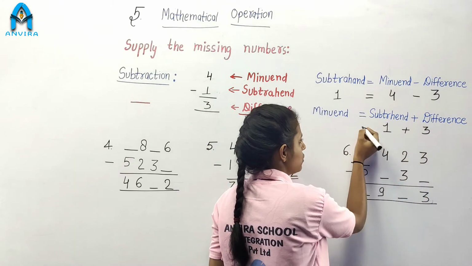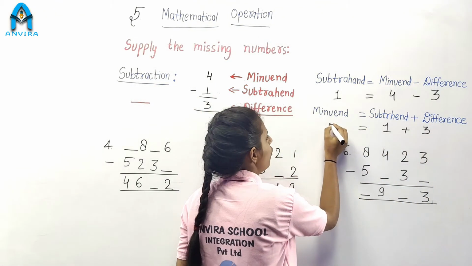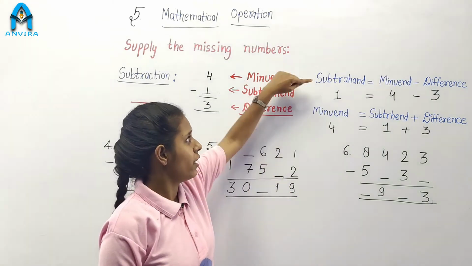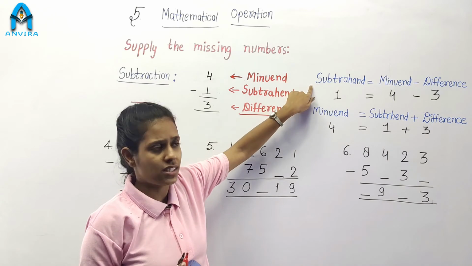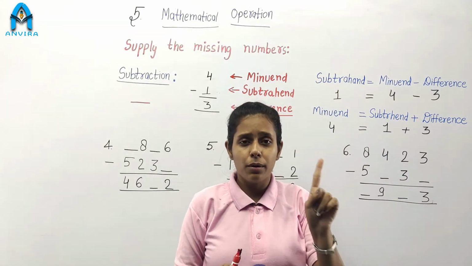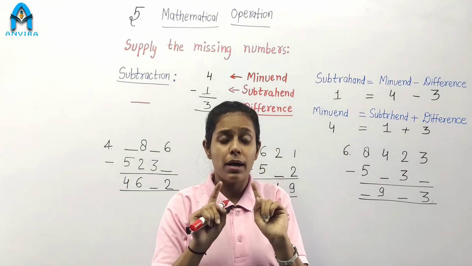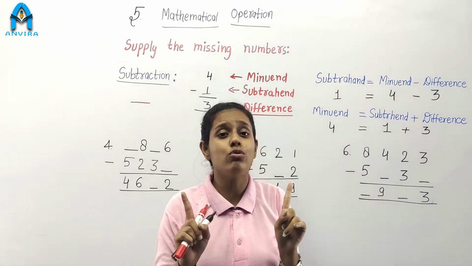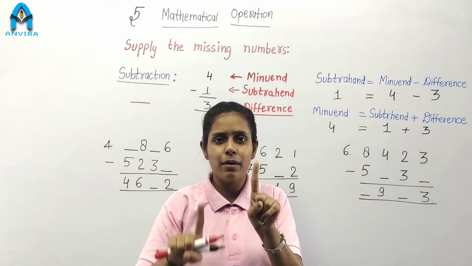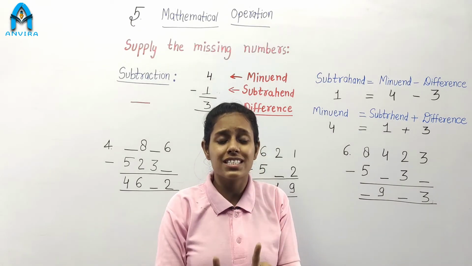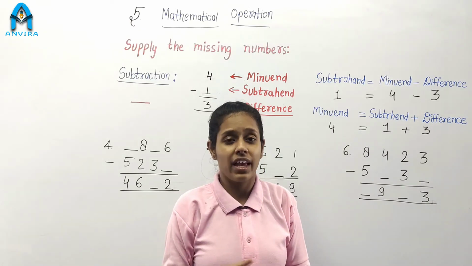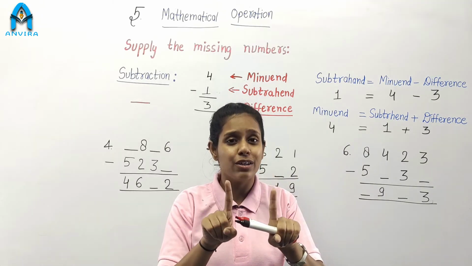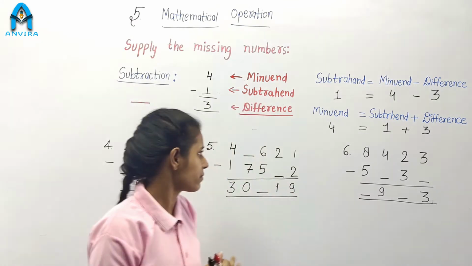So 3 plus 1 is equal to 4. When minuend is missing, we have to add. Subtrahend plus difference is equal to minuend. And minuend minus subtrahend is equal to difference.